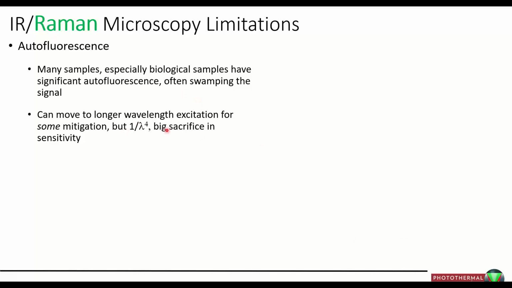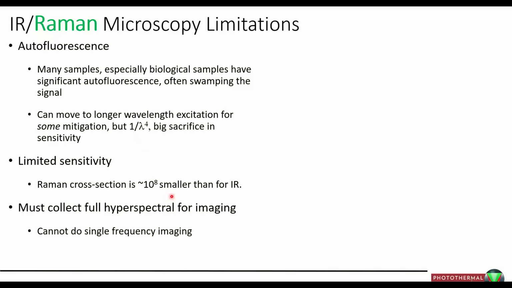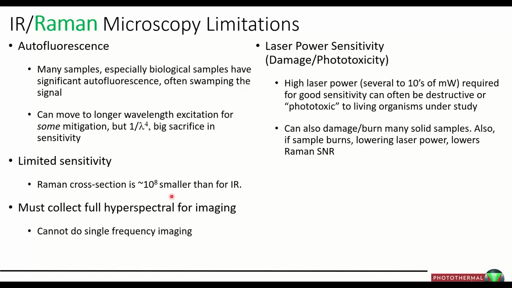There are mitigations to that, but that involves using longer wavelength lasers, and that means a massive sacrifice in sensitivity, and that's on top of already a limited sensitivity for Raman compared to IR. Raman can't do single frequency imaging. You must collect the full hyperspectral cube, and more on that later.